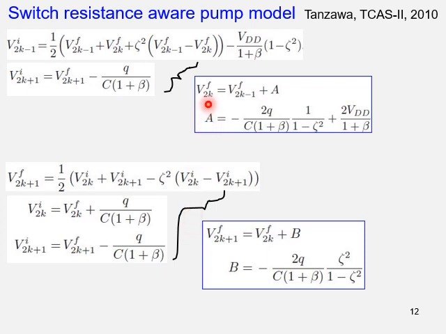And finally, you get the final voltage at the even number and odd number relationship, with the parameter A, which is given by these terms. In addition, you also have the odd and even number nodal voltage relationship like this. The B is expressed by this.